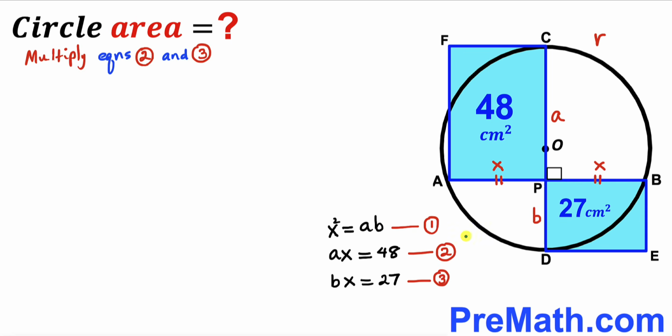And now we are going to multiply these equations 2 and 3. On the left hand side, ax times bx is going to become a times b times x times x equals 48 times 27.